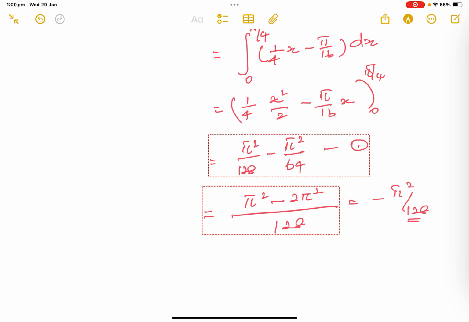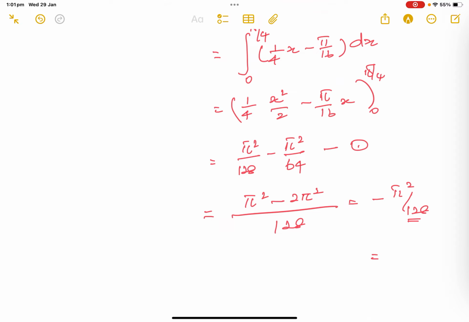As I said, you have to negate the answer because area is positive. So this negative doesn't make any sense. Always with this type of thing, you have to negate the answer. So the answer is pi squared over 128.